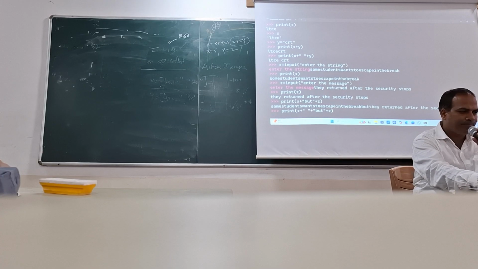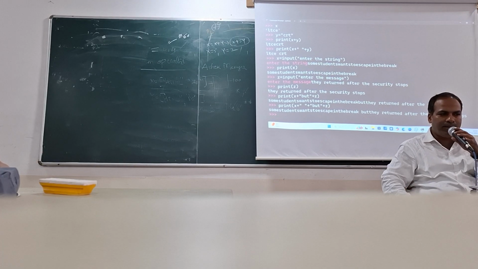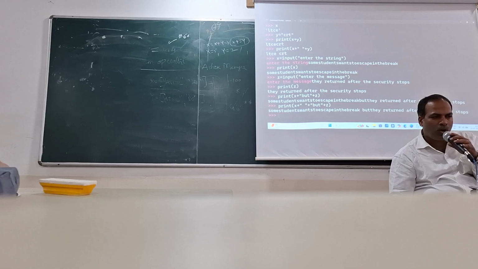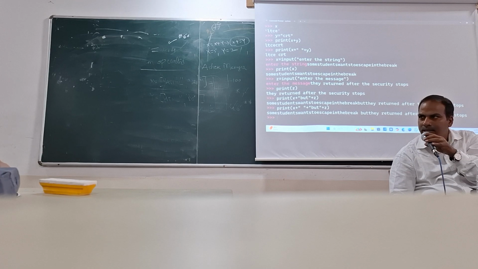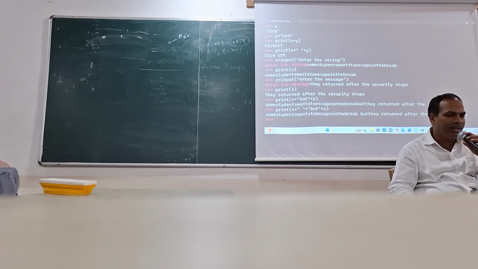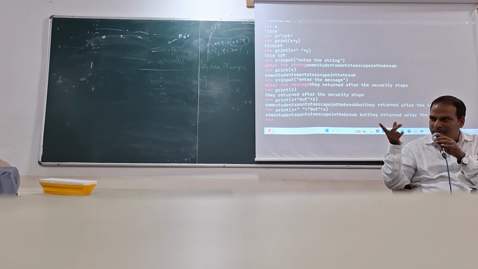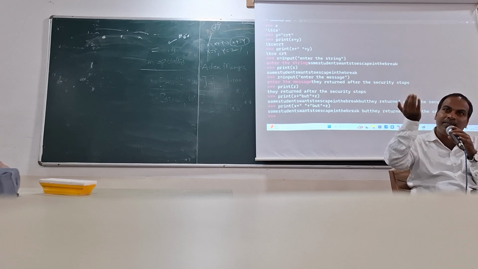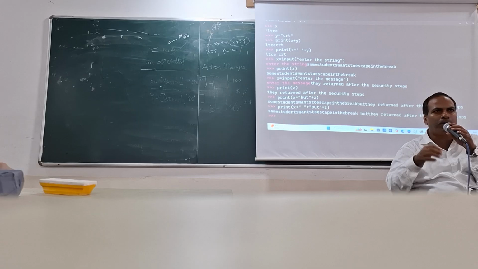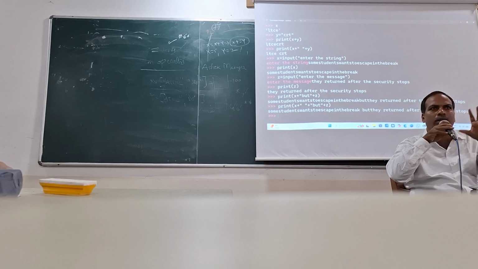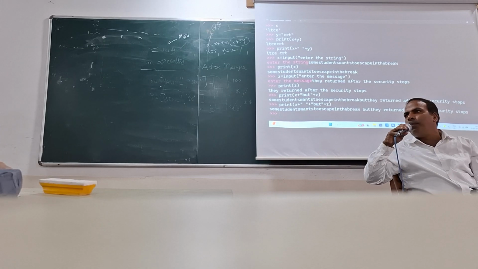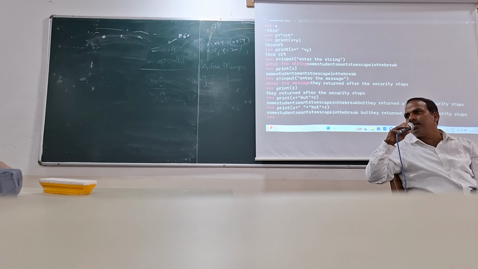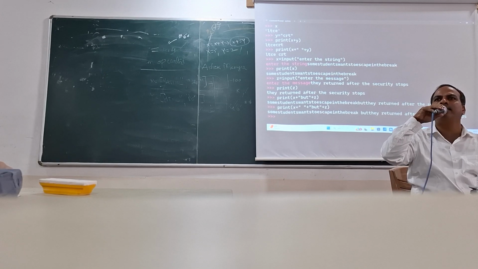Yes, you can see now: but they stopped, also returned after the security stops. Between "but" and the second message there is no space; only between "but" and the first message there is a space. You can put one more space after the "but". Both the statements are joined using "but" with some spaces. Am I right, everyone? Yes.